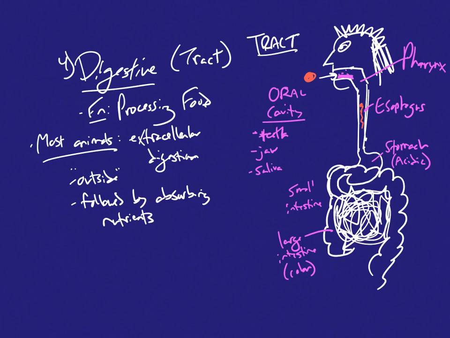Now, the small intestine, from a moment ago, is responsible for absorbing nutrients. All right, so in this area, we're going to absorb nutrients. The large intestine is going to prepare your feces, or your poop, right? So it's going to be responsible for a lot of water absorption, actually, or reabsorption of water.